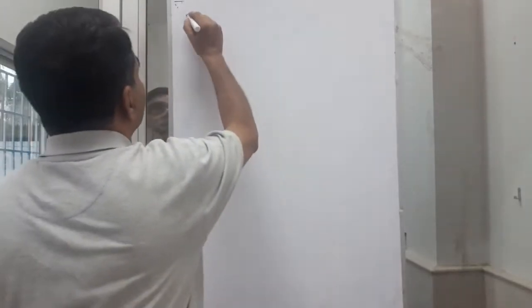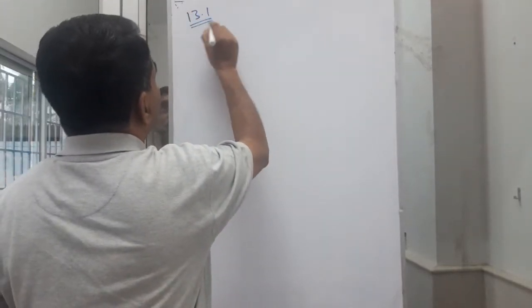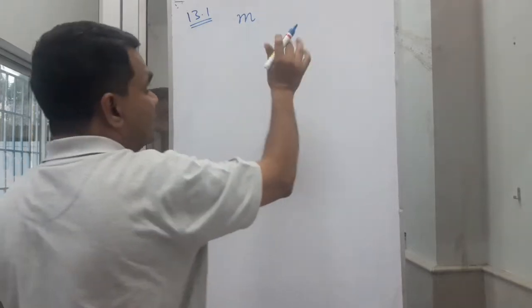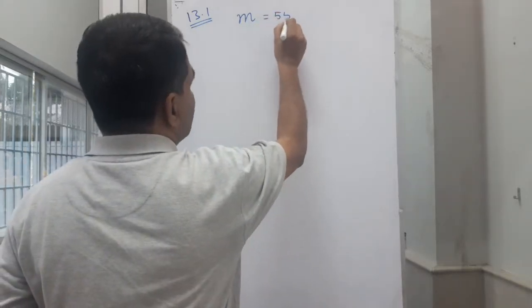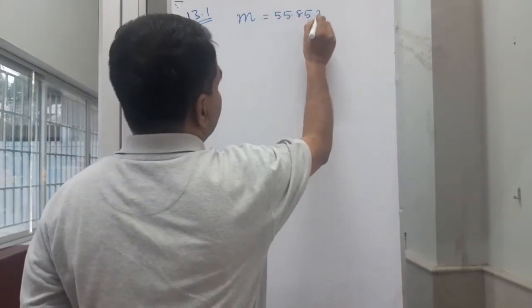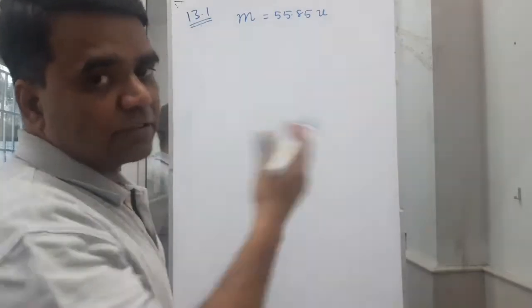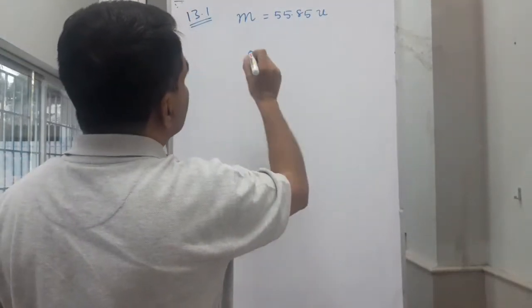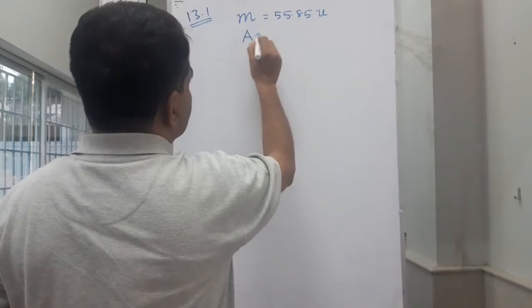Okay, so they've given you the mass of the nucleus. Mass of the nucleus is given, which is 55.85 atomic mass units, and the mass number is 56.